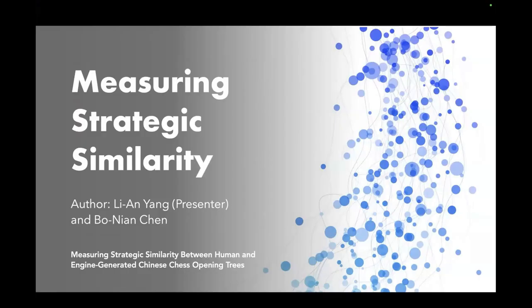Hello everyone. I want to present our work on measuring strategy similarity between human and agent generated Chinese chess opening trees.